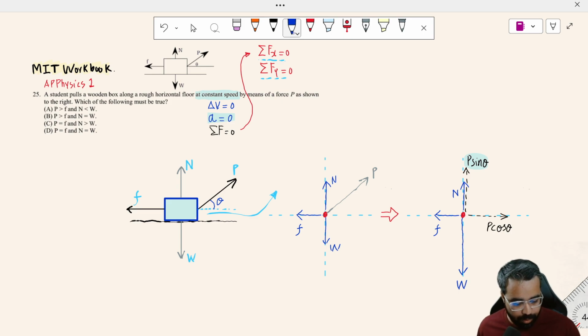So what are the two equations that we get? Let's check.